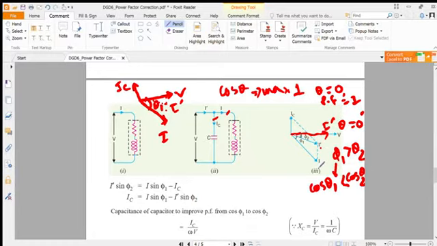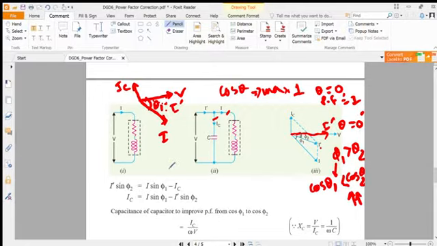When there is no capacitor, the current is lagging up to this point, and if we add the capacitor, the current comes up to here. Our objective is to get it closer to the voltage, because the power factor angle will be closer to the voltage, and we see the power factor is improved. This all happens because of the capacitor, thanks to the capacitor.